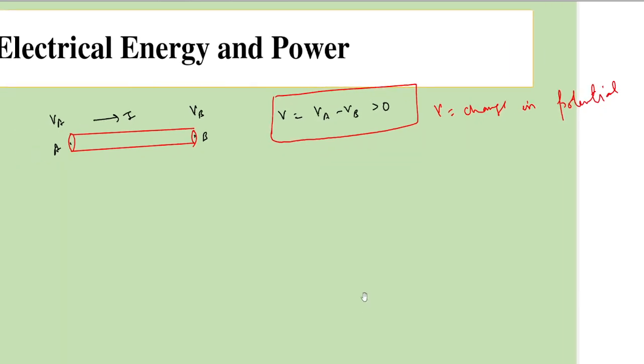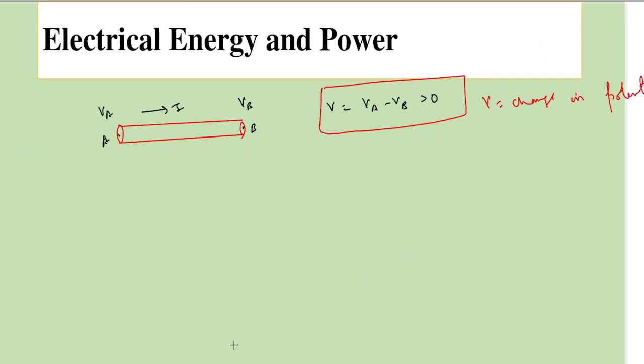Now, if we assume that a charge Q enters or leaves the conductor in time delta t, then Q is I into delta t, because current is given by charge by time, or charge is current into time.